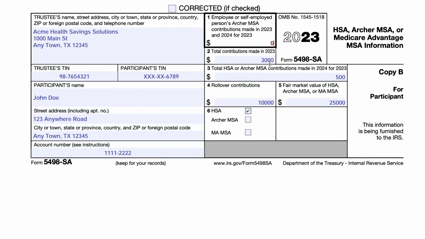Now, total contributions made during the tax year would appear here in box 2. So this could be either HSA or Archer MSA. In this case, these will be HSA contributions. So this also includes any contribution that you made in 2024 for the 2023 tax year.